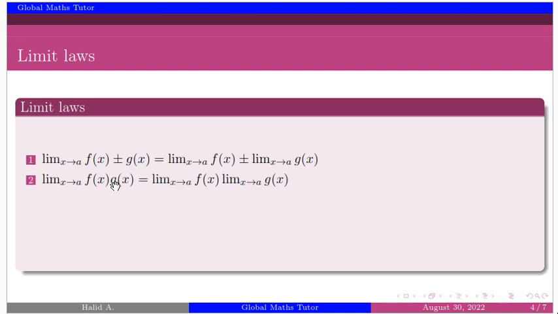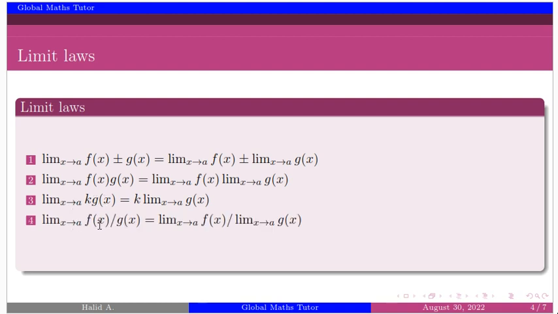And also if it is multiplication, we can find separately the limit of f of x and the limit of g of x. And if there is a constant, we can factor it out of the limit, and find the limit of g of x. And if it is a quotient, we can find f of x and g of x separately, and divide their limit values.